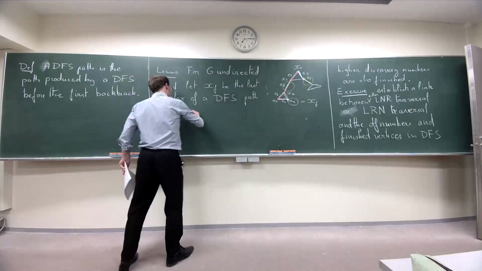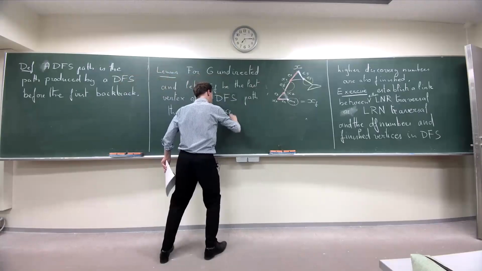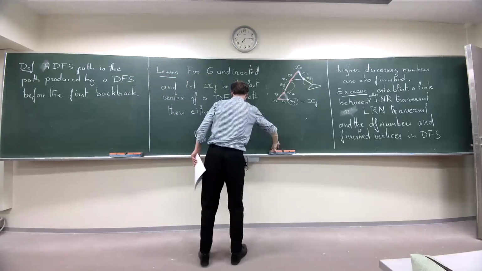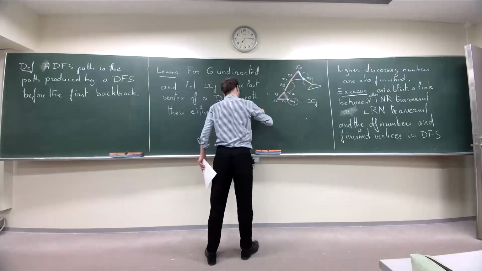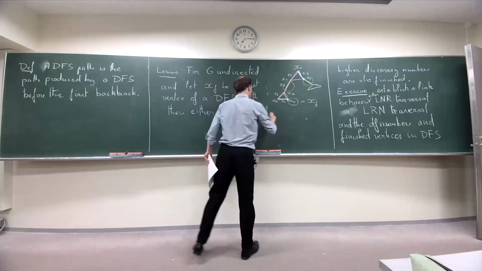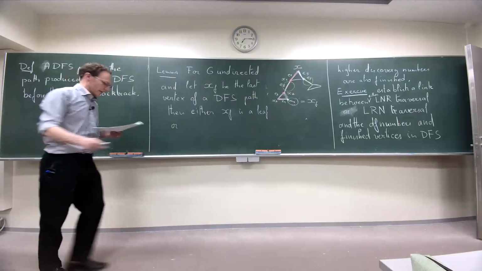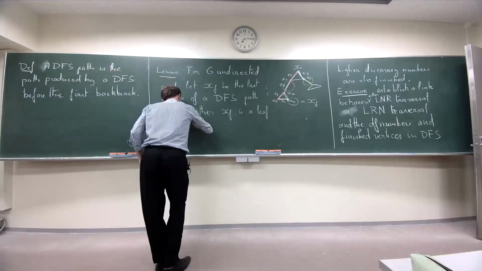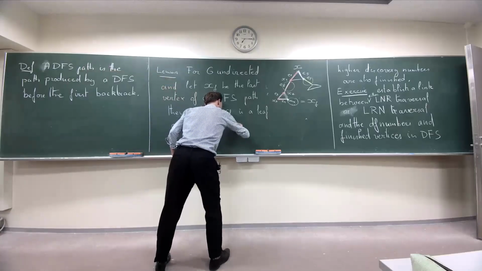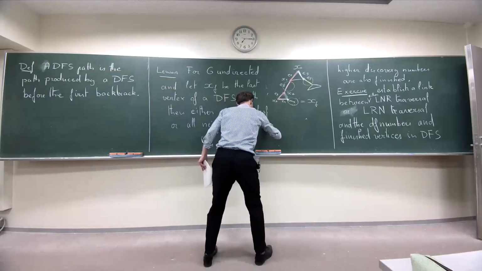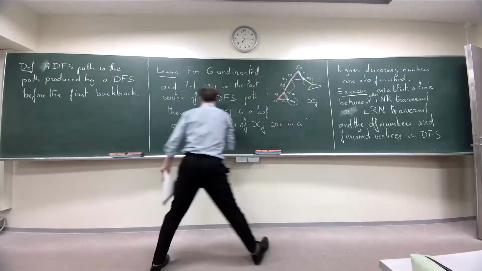Then either XF is a leaf, which is one alternative, or all neighbors of XF are in a cycle.